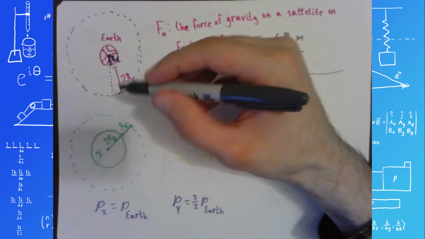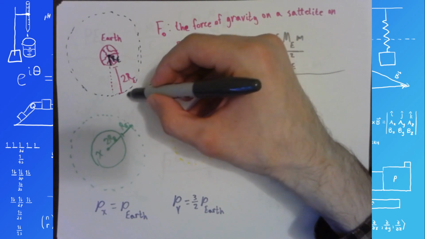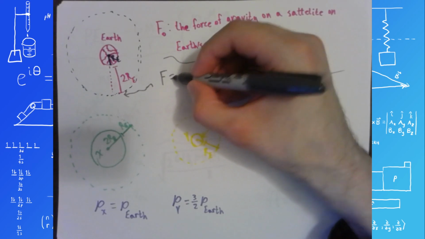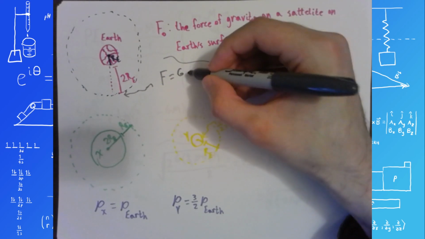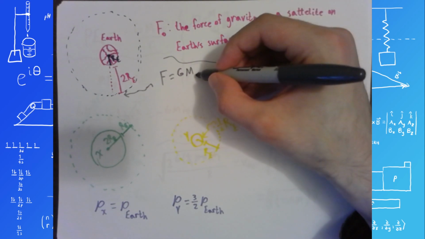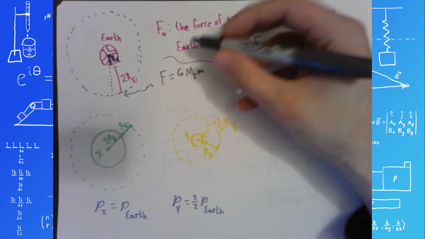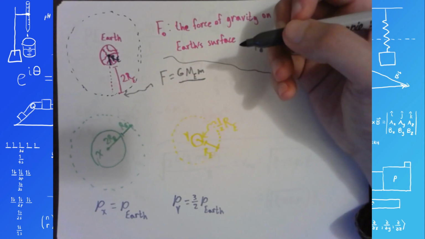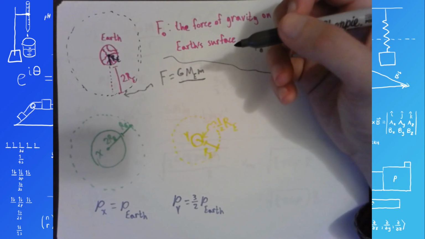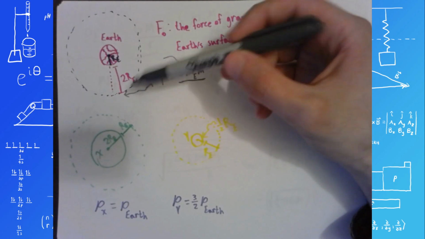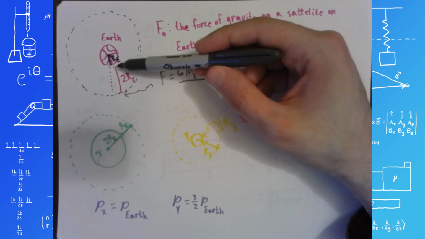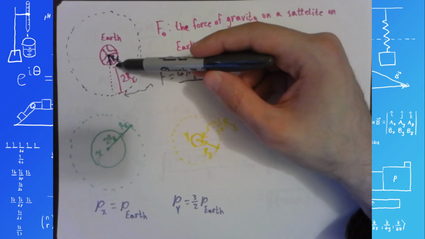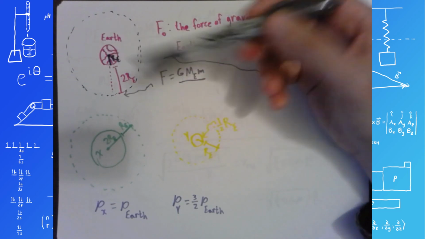So at 2 Earth radii over here, the force on the satellite would be equal to big G times the mass of the planet, which is just the mass of Earth again, times the mass of the satellite, whatever it is, it's the same as before, over the distance between the center of mass of the satellite and the center of mass of the Earth, which is 3 times Earth's radius. It's 2 Earth radii away from the surface, which itself is 1 more Earth radius away from the center.